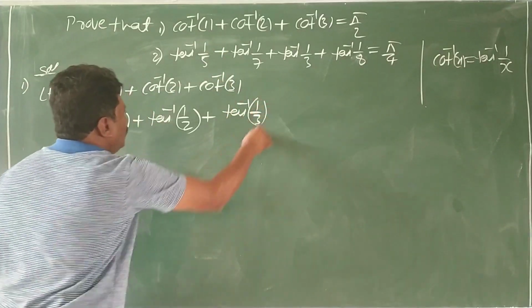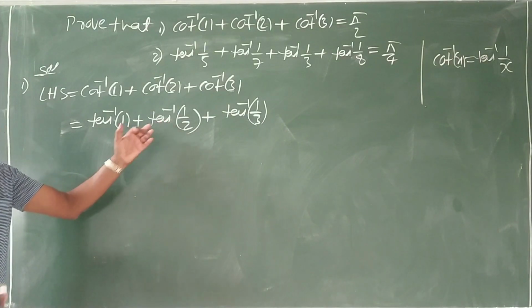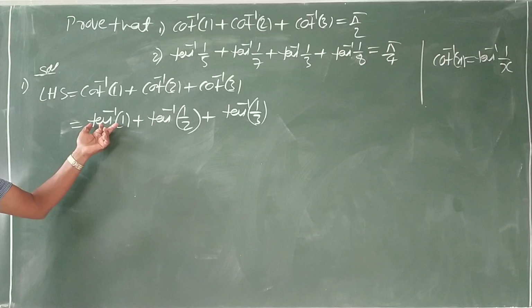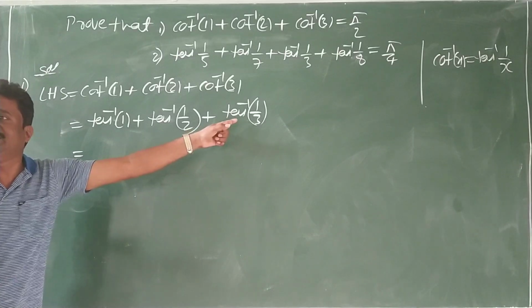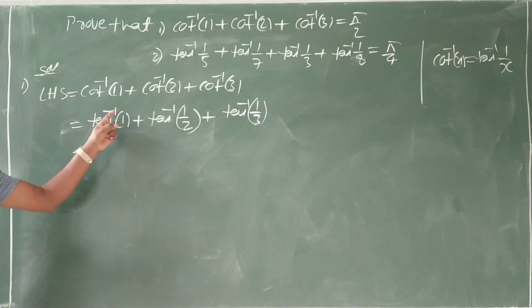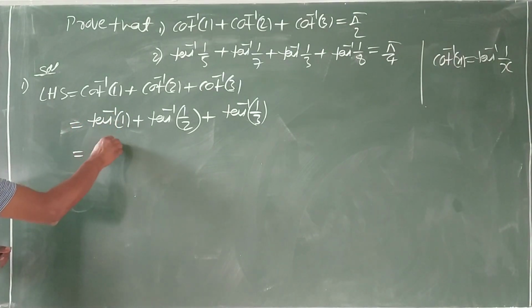Now you apply the formula for these two. Instead of that, look, students, how much is tan inverse 1? Pi by 4, 45 degrees.